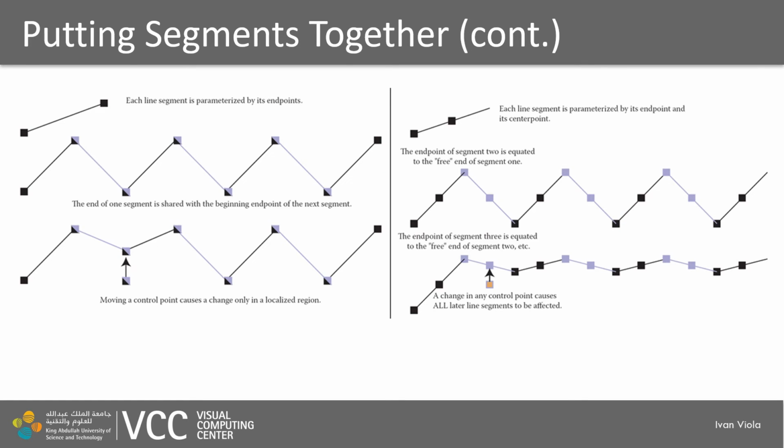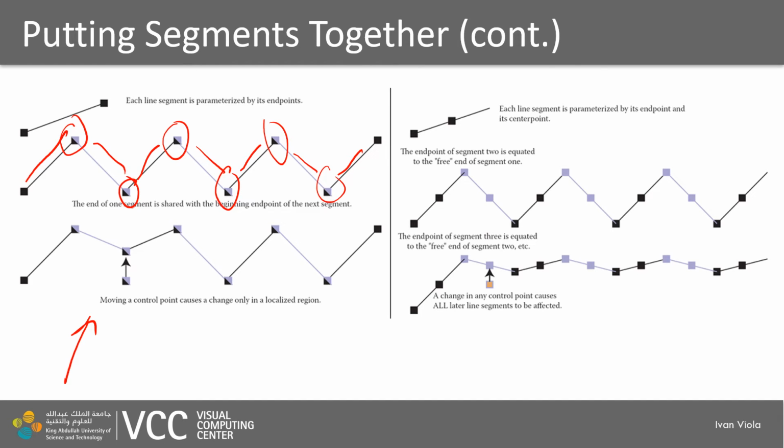We can see that in the following examples. For the shared point scheme, we see here that there is locality in change. We have here a polyline, a piecewise linear curve, and these piecewise segments are sharing the endpoints, as we can see here.